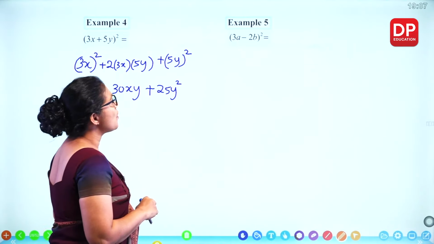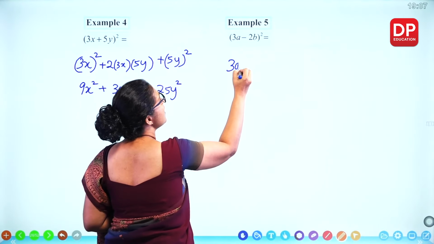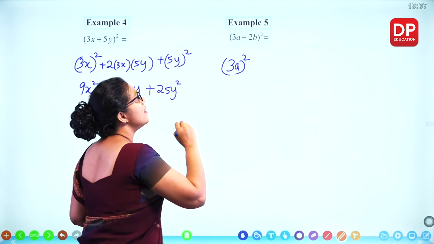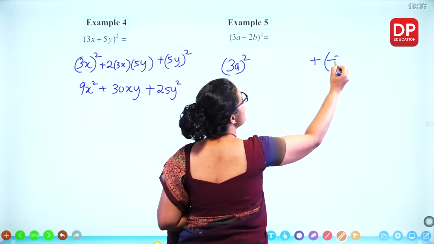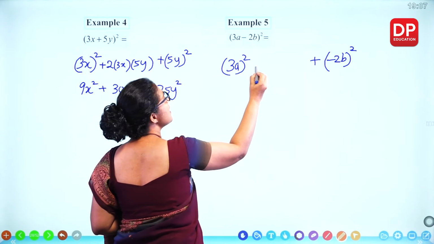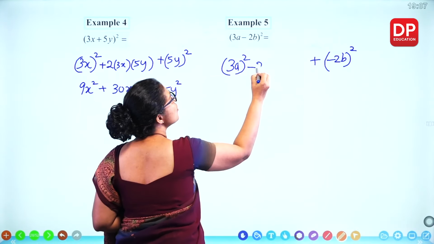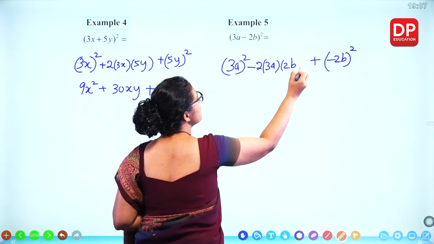Now look at the next one, example number 5. Again, 3a whole thing squared. Last term squared. So you leave a space and you can write down minus 2b squared. The middle term becomes minus 2 times 3a times 2b.